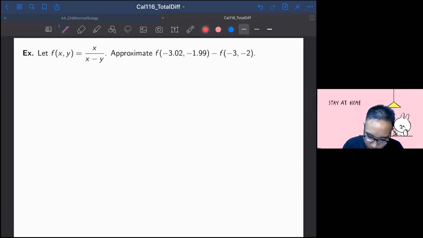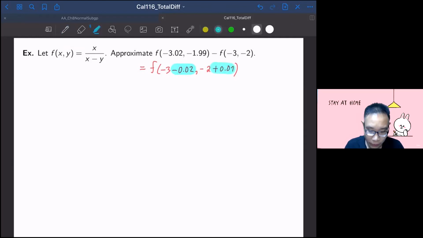So in this case, you must know first that it's going to be negative 3 minus 0.02, and this is going to be negative 2 plus 0.01, and this will allow you to obtain delta x and delta y respectively.